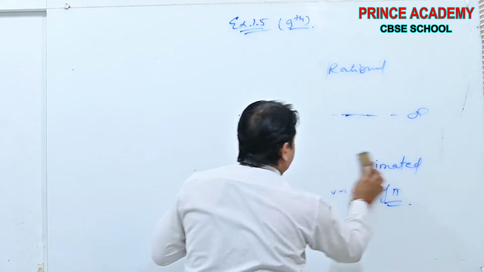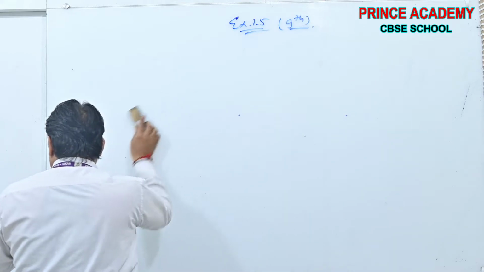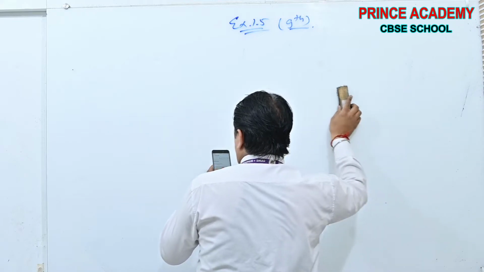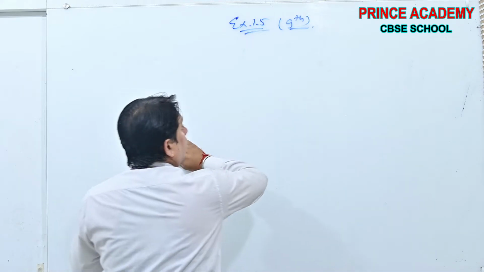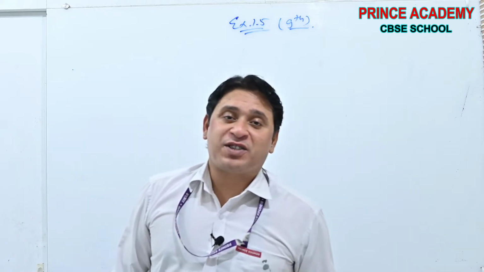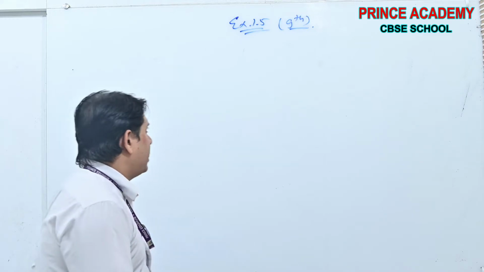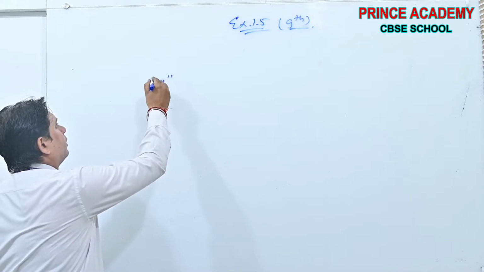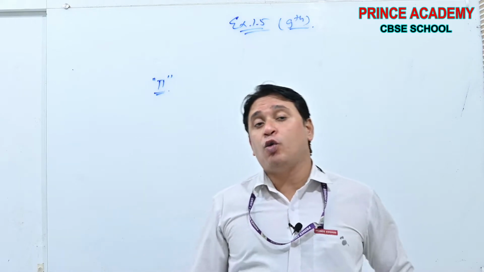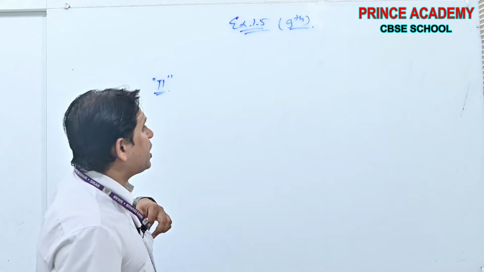Okay, see beta. Now we have studied pi. Let me give you a little bit introduction about pi. See beta, all the mathematicians throughout the world were struggling with the shape of circle.